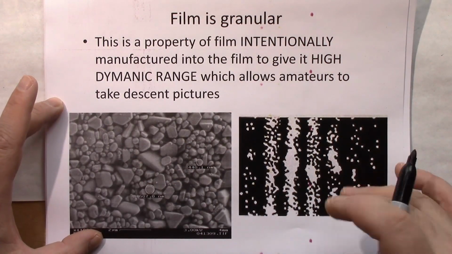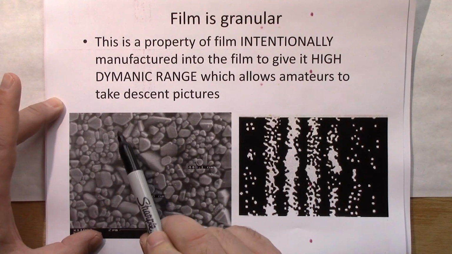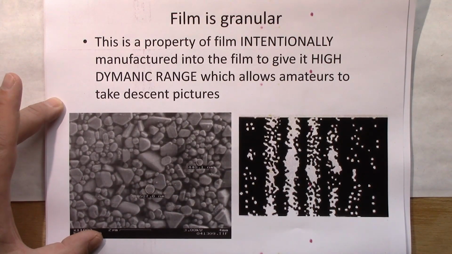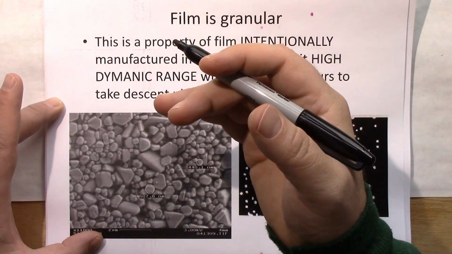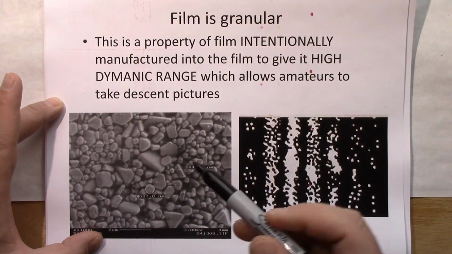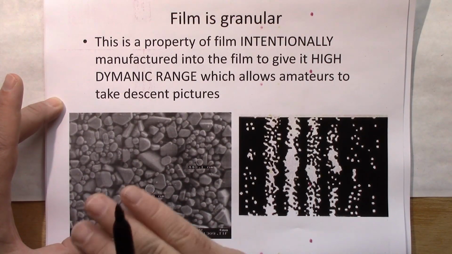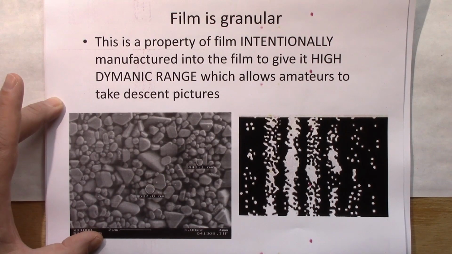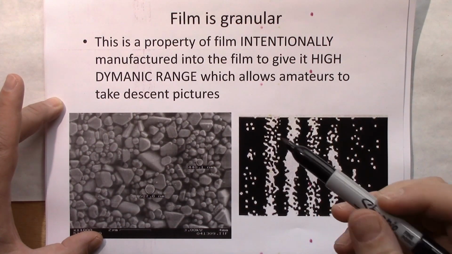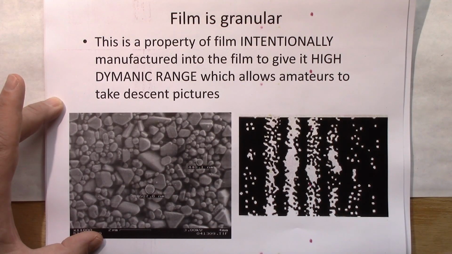What's interesting is that the larger the grain is, the more susceptible it is to very low light levels. In other words, it doesn't take a lot of wavefronts to turn this grain on, as opposed to a tiny grain, which takes a heck of a lot more wavefronts to accumulate enough energy to turn that grain on. And that's why you get a much more grainy appearance with film in low light.